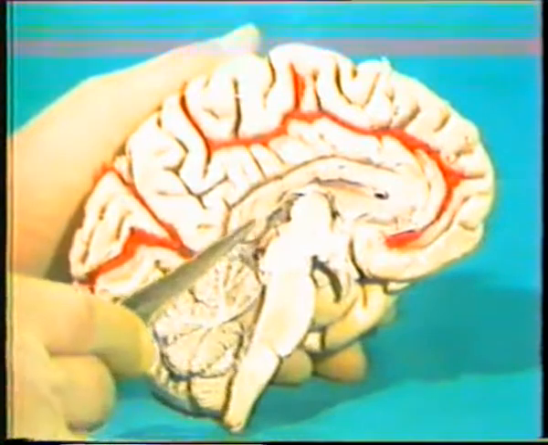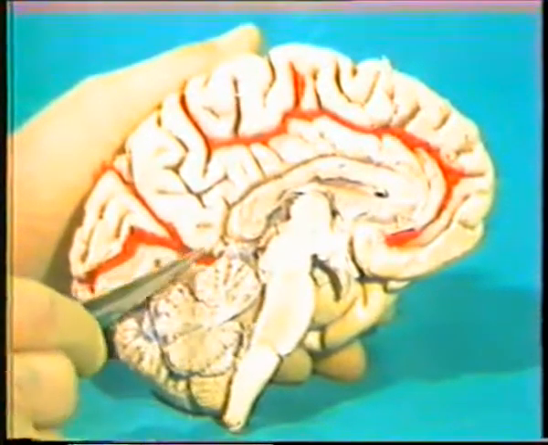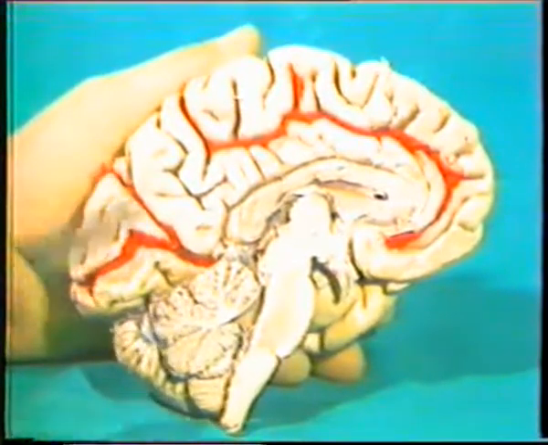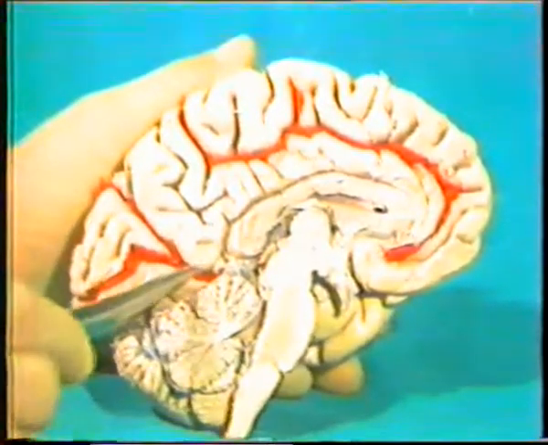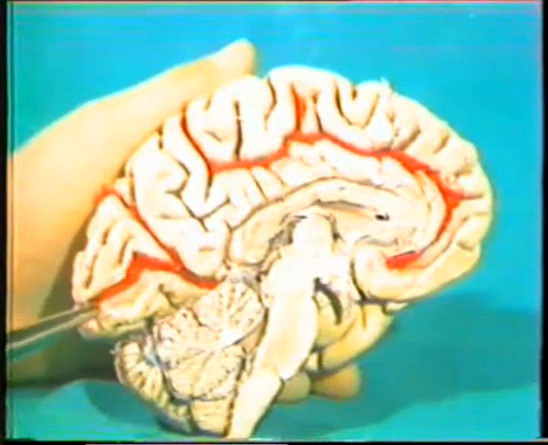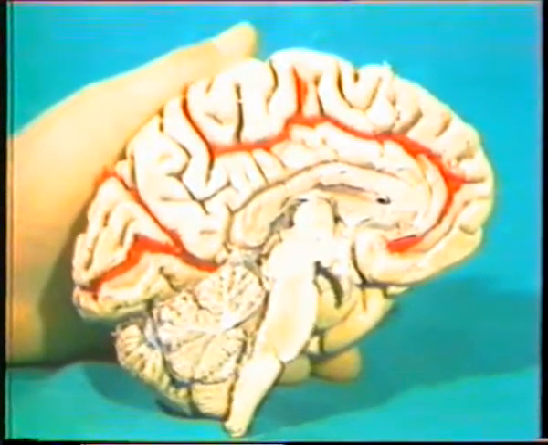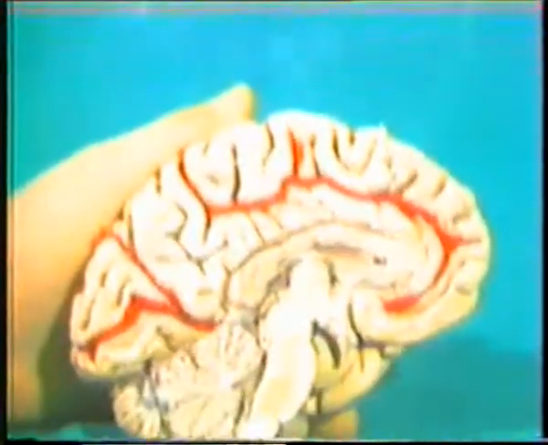This is the calcarine sulcus, with its two rami thus forming a Y-shaped arrangement. It transmits the posterior cerebral artery.